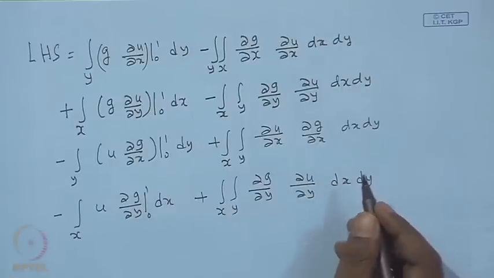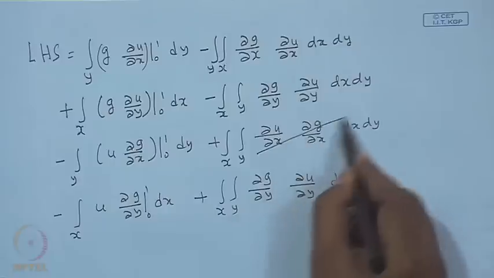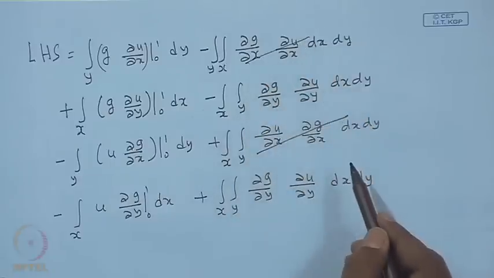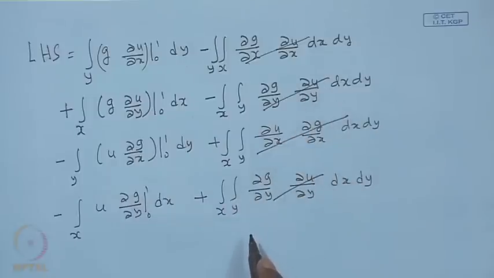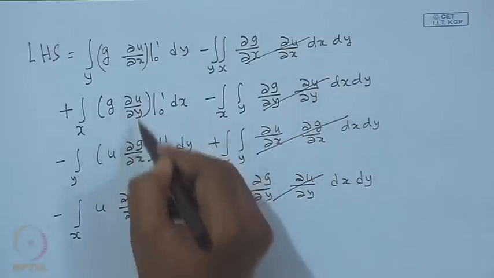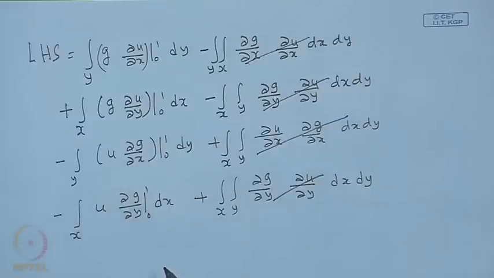So, therefore, if you look into this term, these terms are same, equal and opposite in sign. So, they will simply cancel out. So, what we will be having? We will be having 4 bilinear concomitant terms, and let us evaluate these bilinear concomitant terms.